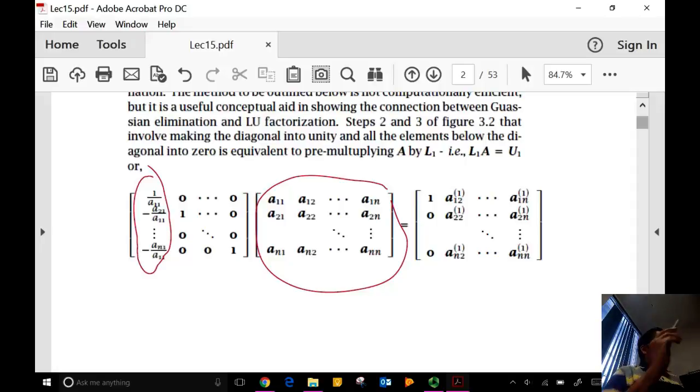If you carry out that matrix multiplication, this is a lower triangular matrix, but it's not only a lower triangular matrix, it's a very particular structure. The first column is non-zero and the diagonals are non-zero. Everything else is zero. Okay? And it can still be represented as L1. That is the first step in the elimination process, captured by these operations.